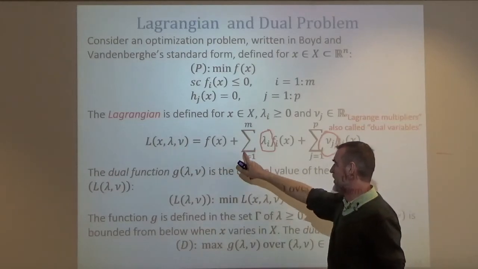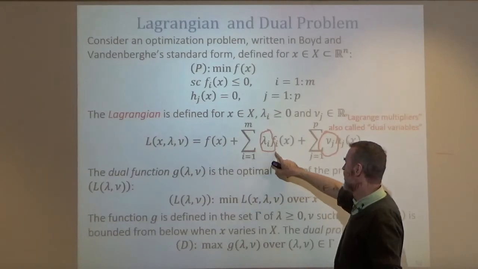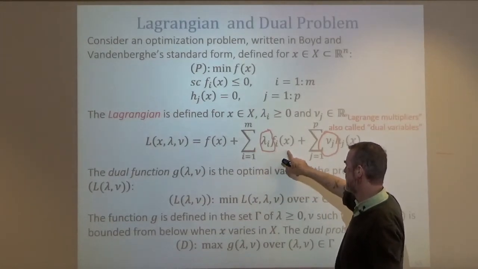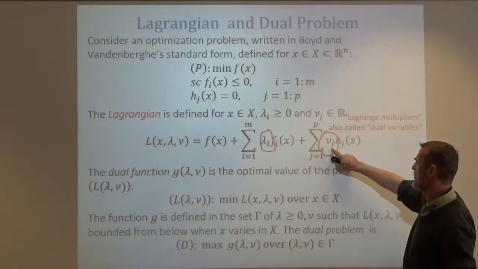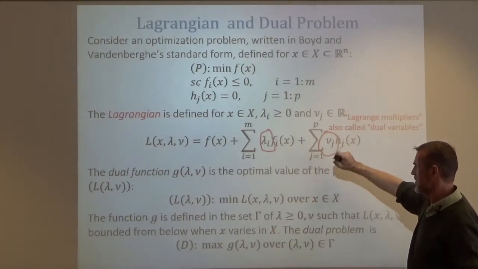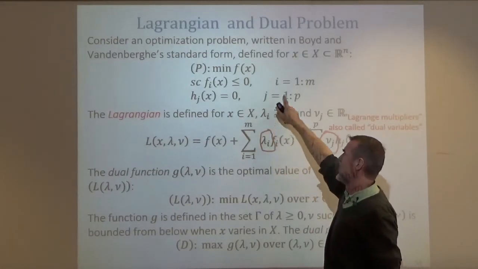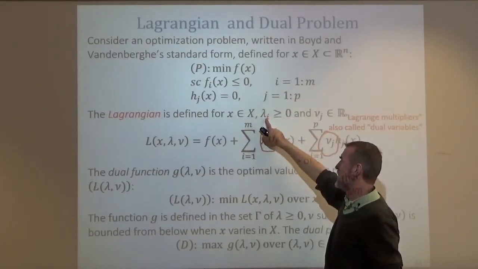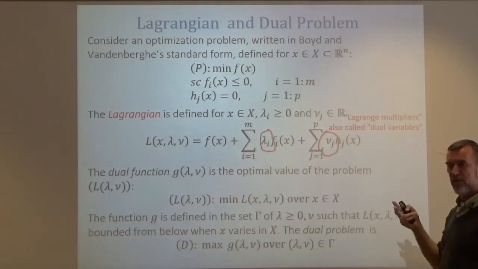The Lagrangian is the linear combination of the objective function, of the inequality constraints multiplied by lambda, and equality constraints multiplied by nu. Now, the first thing is that if the lambda is associated with an inequality constraint, it must be non-negative. Everything is subtle here.